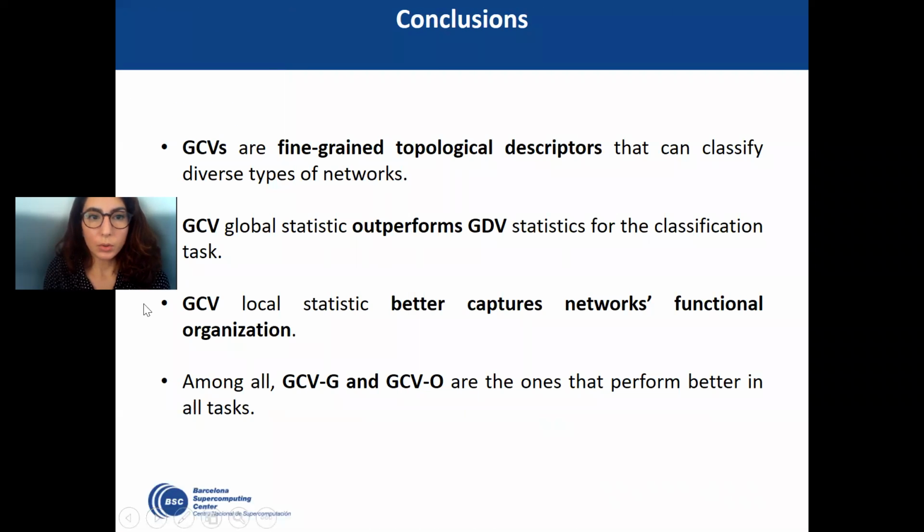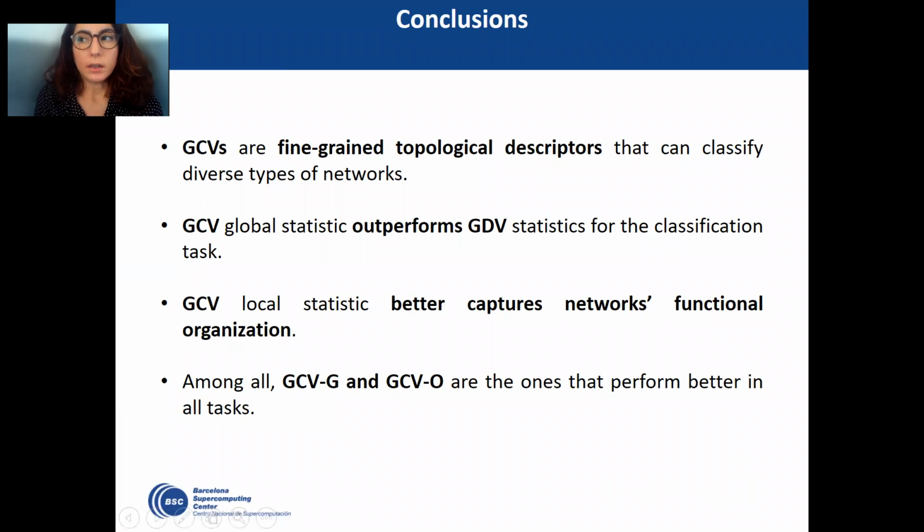So to conclude, we can see that the Graphlet coefficient vectors are fine-grained topological descriptors that can classify diverse types of networks. The global statistic outperforms the classical GDV-based statistic for the classification task. And for the local statistic, we can better capture the functional organization through the coefficients instead of the degree.